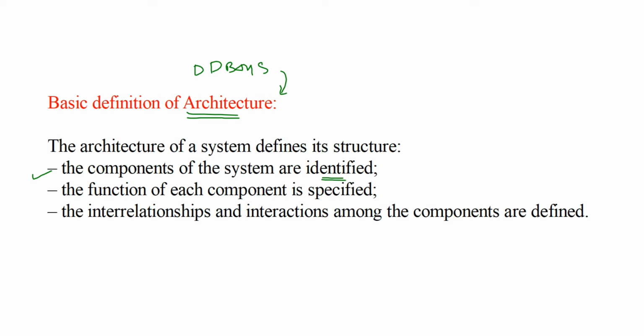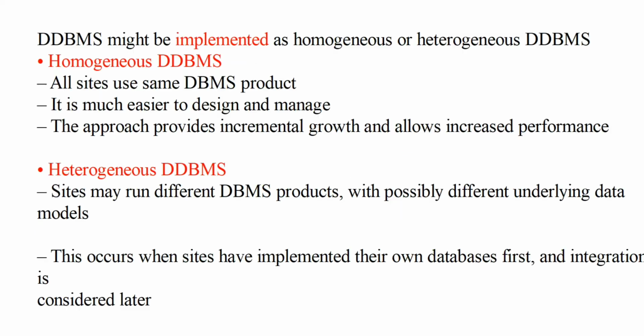The function of each component is specified: we tell the specific functionality of a component. The interrelationship among the components is defined: how they are related to each other and how they interact. That is the definition of the architecture of any system.